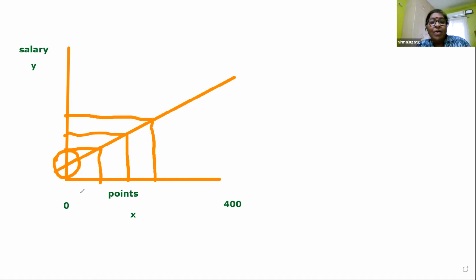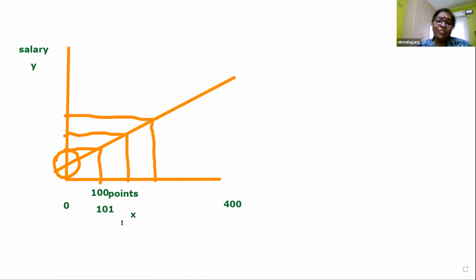Now, what is slope? Slope is how much the pay line, or the salary, increases if, for example, this is 100 points, then 101 points.